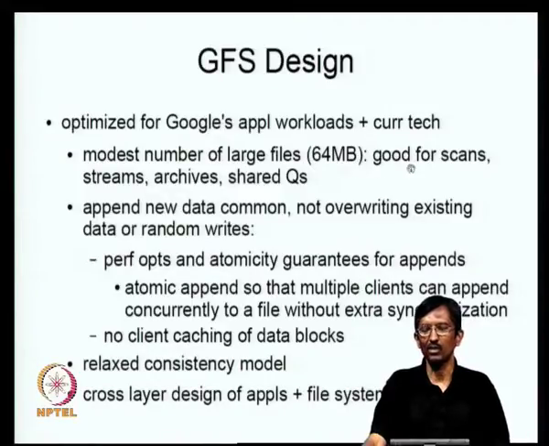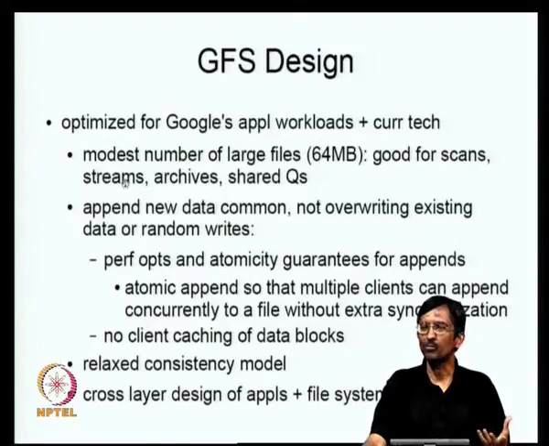So, the basic idea is that if you go for large files, it is good for scans, streams, archives, and what are called shared queues between producers and consumers. Oftentimes you are searching for something and you want to do scans. If you have a large file in place, you can do much better when it comes to read ahead, all those kinds of issues. It comes out much better for scans than scattered files here and there.